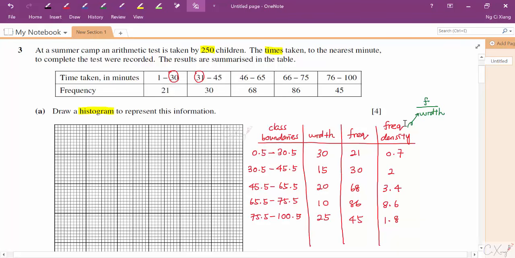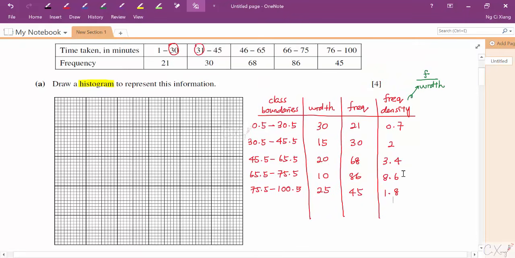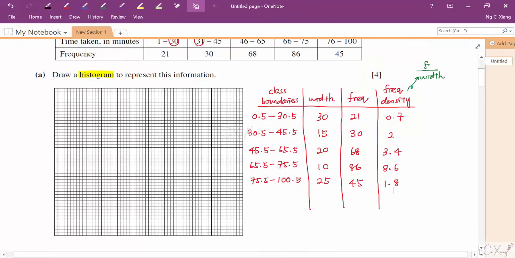Alright, once I have all the values that I need for a histogram, I will start sketching it. For the x-axis, it will be the class boundaries, or the time taken in minutes. The smallest value is 0.5 until the largest value, which is 100.5. You may refer to the graph paper that is provided in the answer booklet.